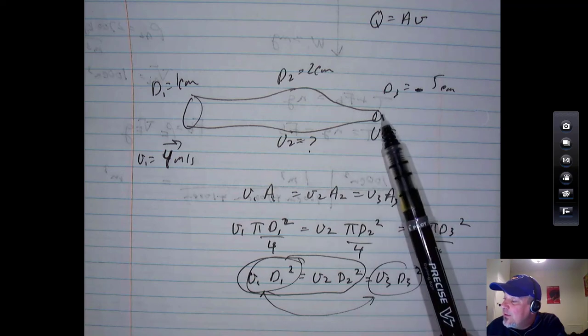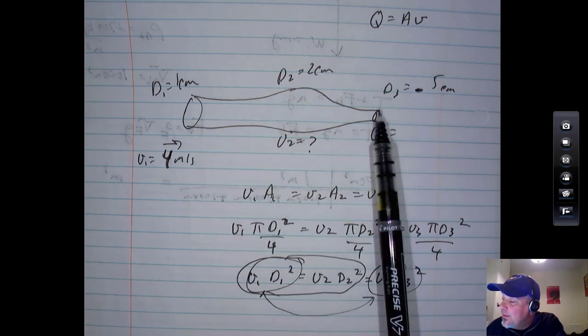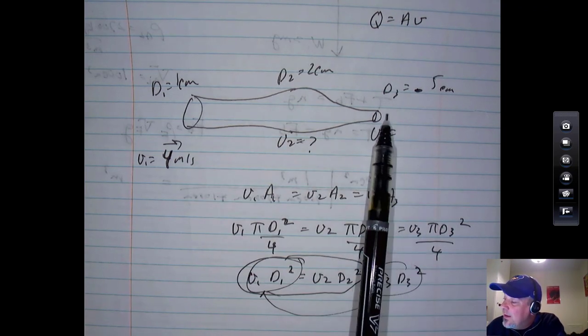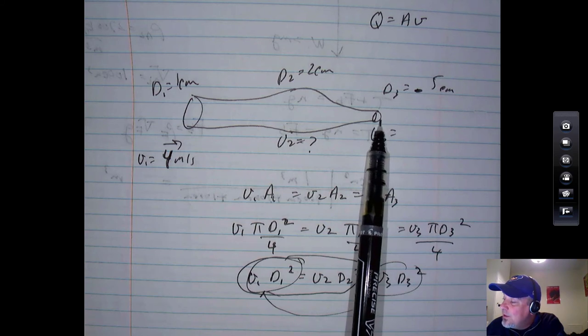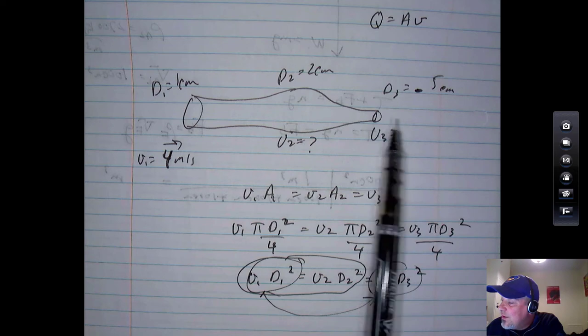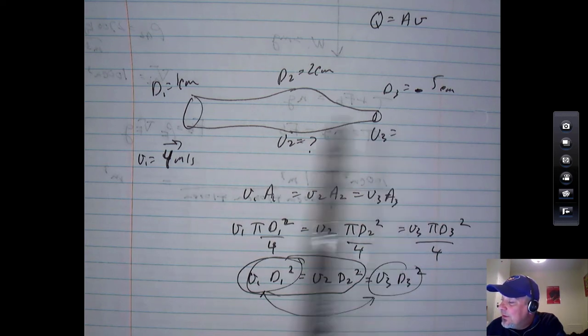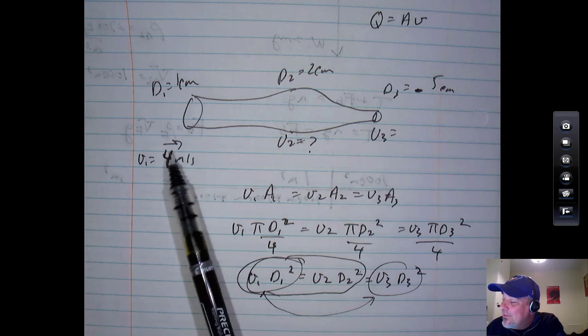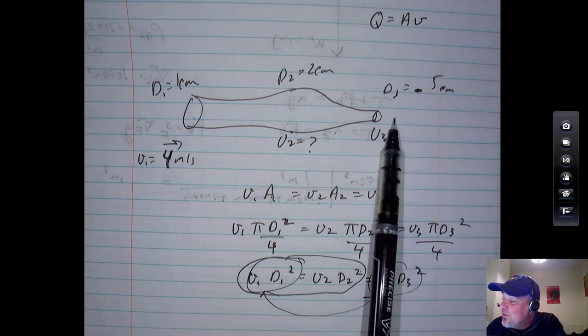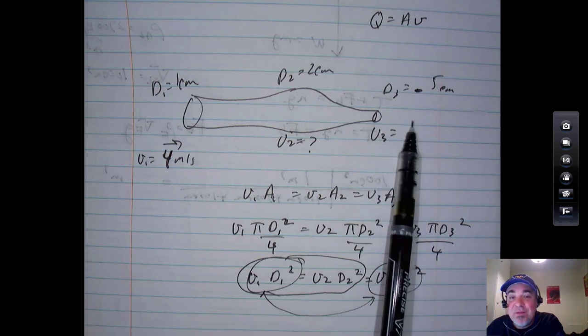Same thing over here. If I'm comparing V1 and V3, if the diameter is half as much, when I square it, that means that the speed's going to be 4 times as much. So if I had 16 here, sorry, thinking ahead already. If I've got 4 here and I cut the diameter in half, this has to be 4 times greater, so this would have to be 16 there.